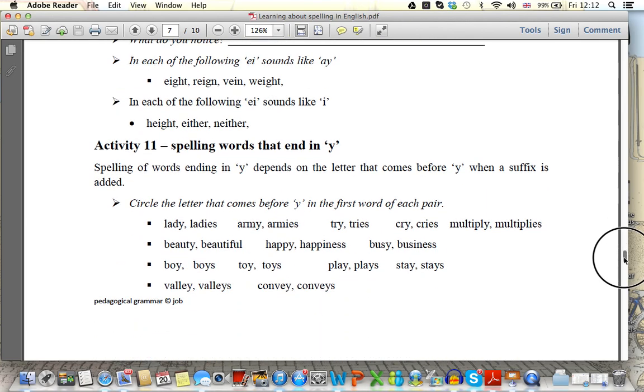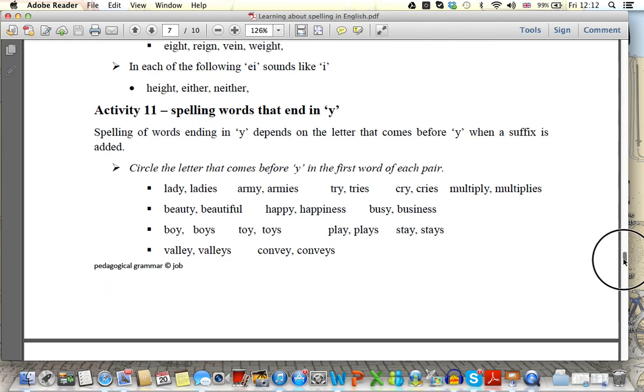Then we have words that end in Y. Now, Y, we call it in English a consonant, but it is in fact a semi-vowel. When we come to the spelling of these, Y at the end of a word, when it's a noun, if it follows a consonant, as we have here in the first one, lady and ladies, army and armies, the Y changes to IE.